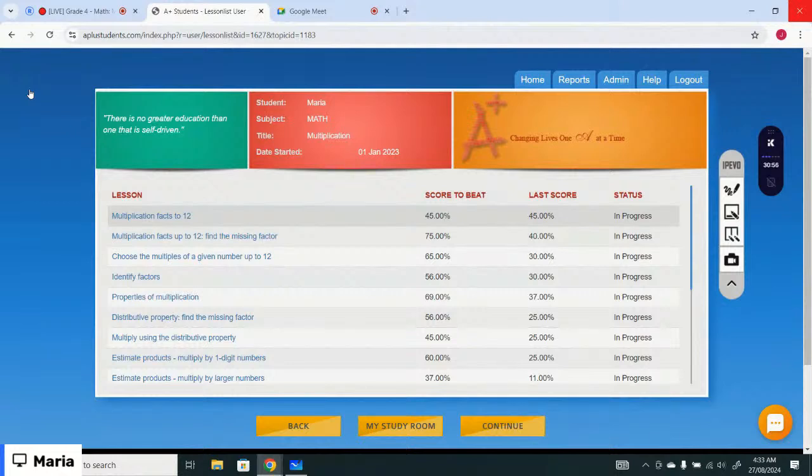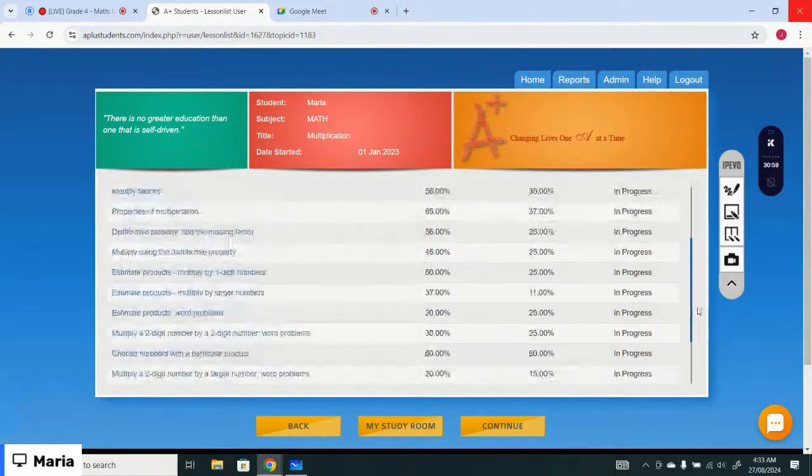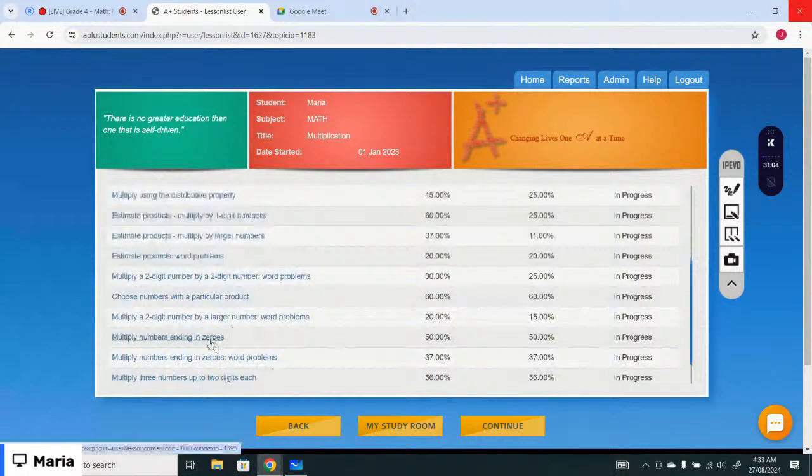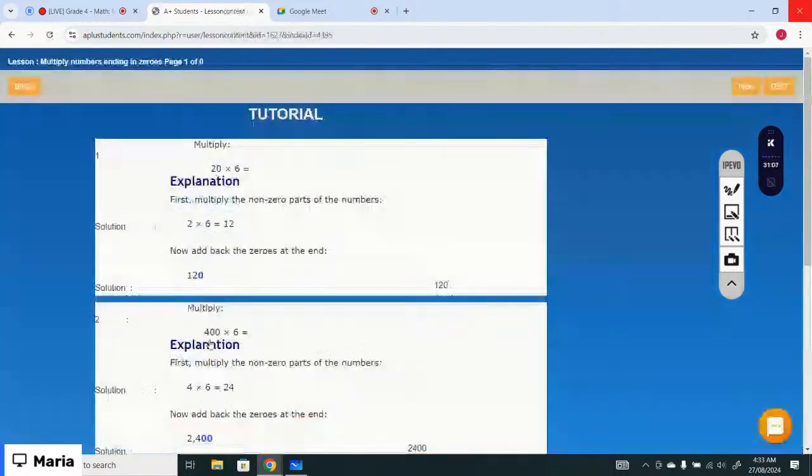Okay, the next lesson is multiply numbers ending in zeros.